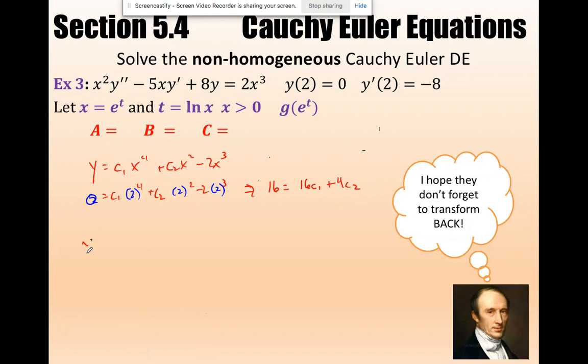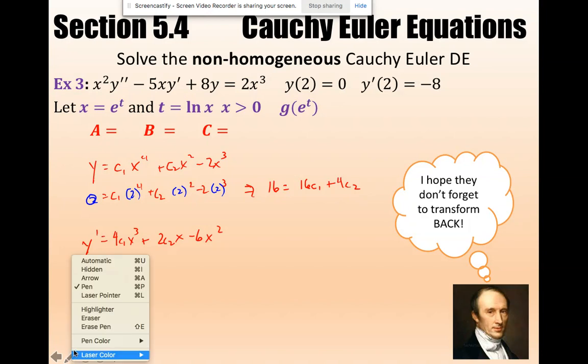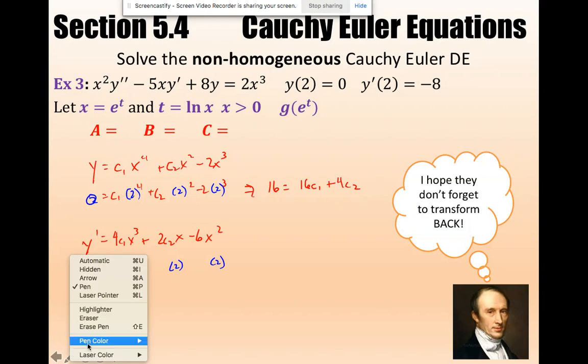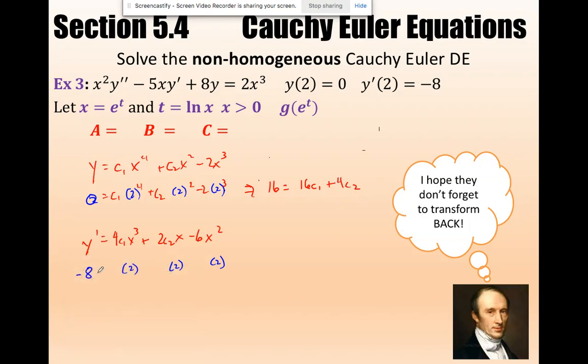The first derivative, negative 8 and 2. Oops, I forgot.